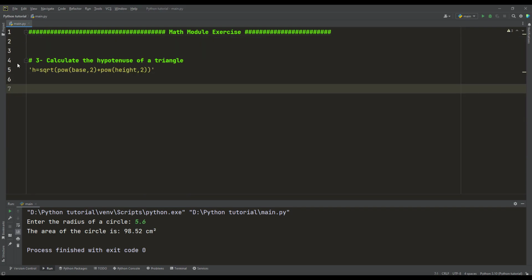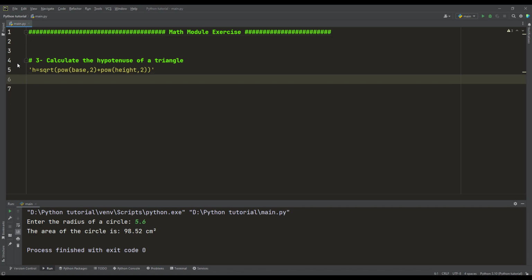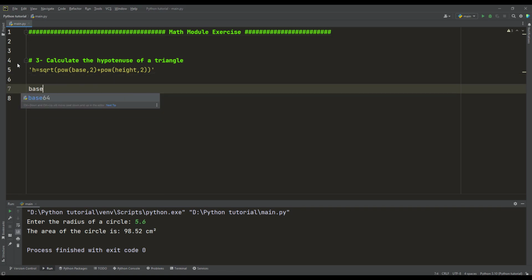The third example that we will highlight is to calculate the hypotenuse of a triangle, and this is given by this formula. We will have the square root of the power of the base plus the power of the height, and we will ask the user to submit the base. The base will be float, and here we have input that is cast to a float. I will ask the user to enter the base of the triangle.